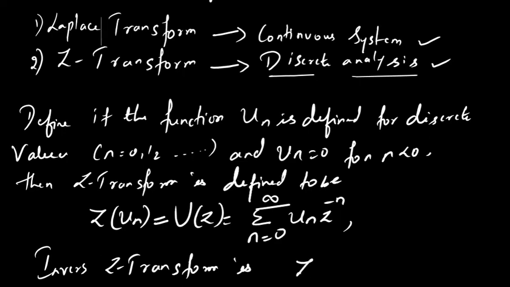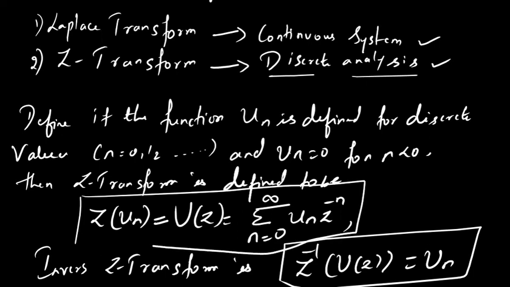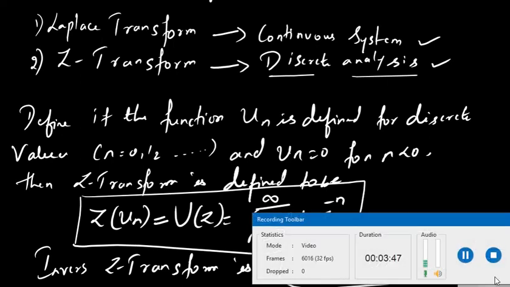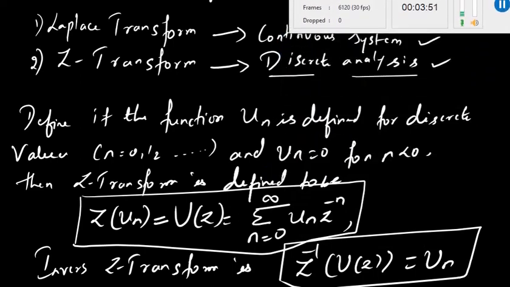So we have Z inverse of U(z) is equal to u_n. It is more or less similar to the Laplace transform, where here we are using the discrete system and in Laplace we use the continuous domain. That is the only difference between the Laplace and Z transforms.